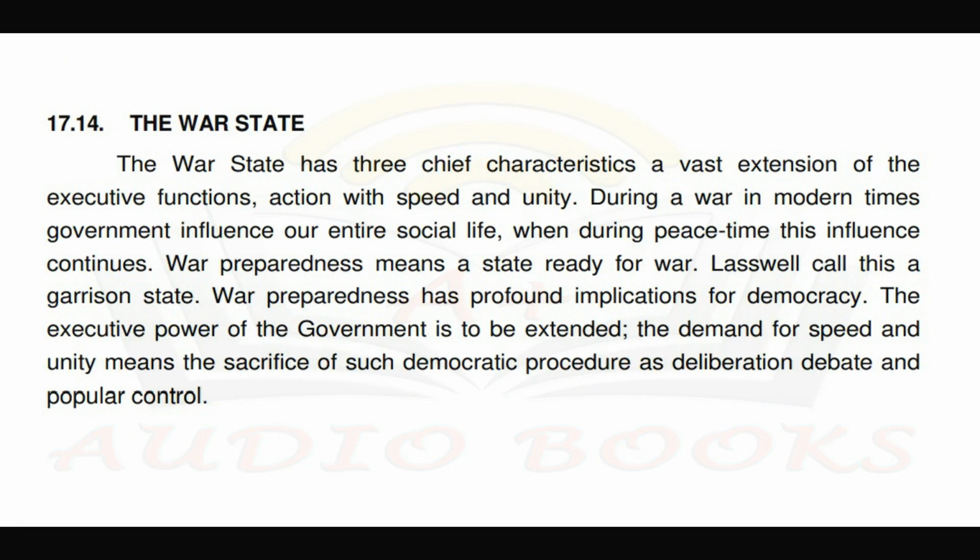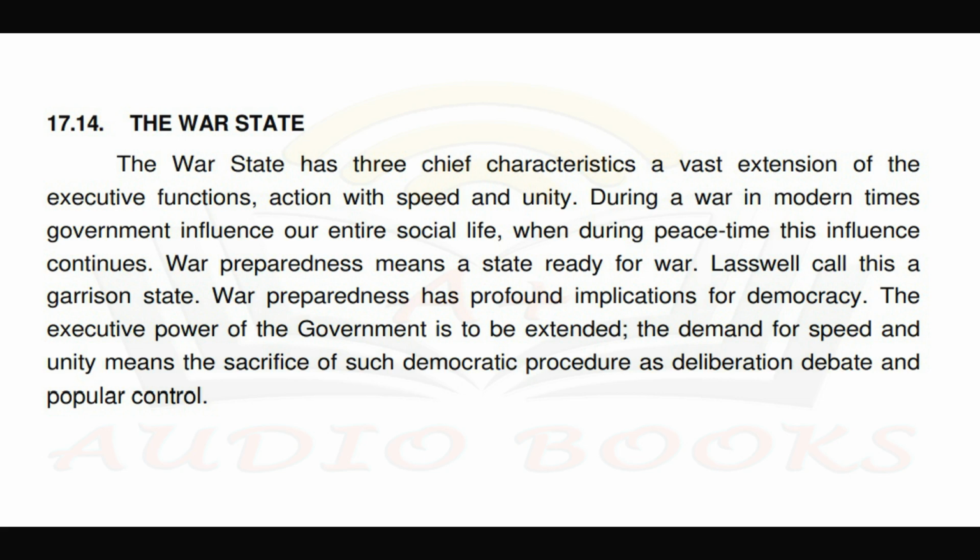The war state. The war state has three chief characteristics: a vast extension of the executive functions, action with speed, and unity. During a war in modern times, government influences our entire social life, and this influence continues even during peacetime.